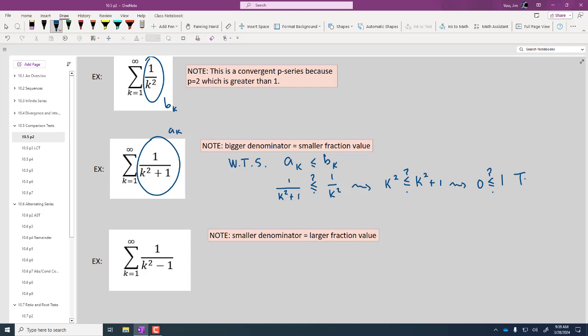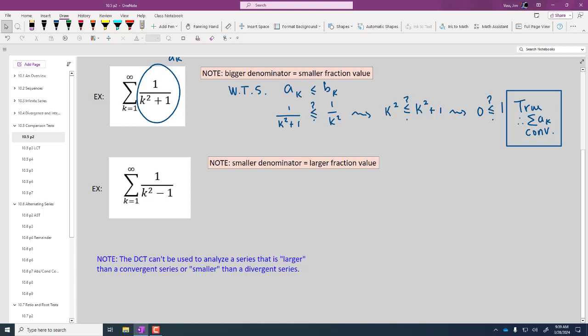And since this is true, therefore, the a sub k series converges. The a sub k series is the one that we're analyzing. So we've shown that that converges by direct comparison to the b sub k series. Smaller than converging converges.